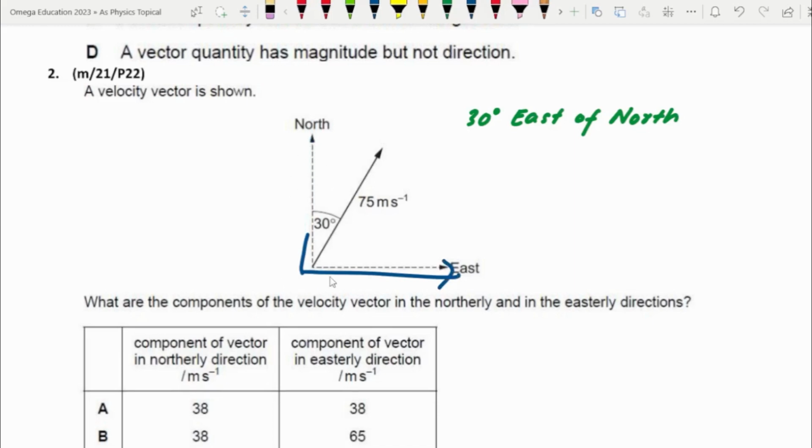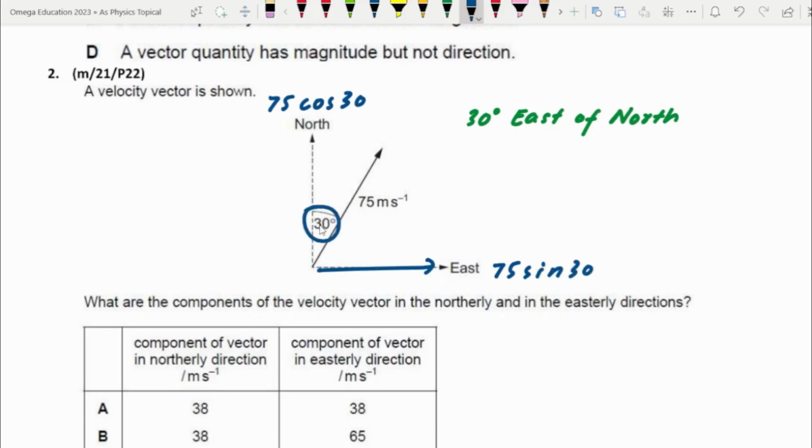So the upper one is the one which is making the angle 30 degrees directly. So this one would be vector 75 times cos 30 because it is with the angle directly, and the second one would be 75 sine 30 because this component over here is not touching the angle directly.